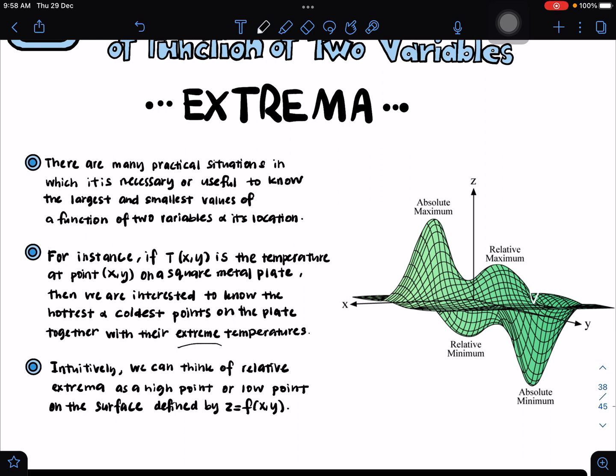If you can see in this figure, this one is the maximum, and then this one is the minimum. So we have absolute maximum, absolute minimum, relative maximum and relative minimum. But in our case, we will only see the relative extrema, iaitu relative minimum and relative maximum.